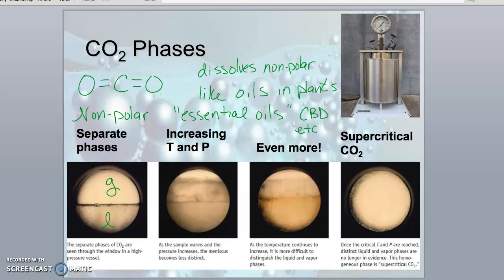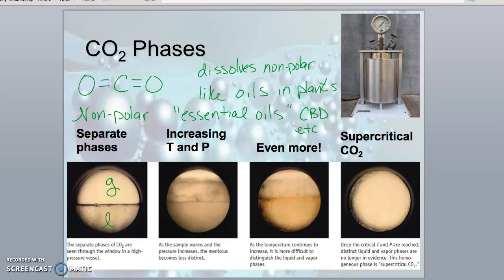And so we need some high pressure there, and then we can simply separate our supercritical CO2 from that solid plant material, and then we can evacuate the CO2 gas phase, just release the pressure, it goes back into the gas phase, and we're left with the oils that were extracted from that plant material. Really neat. That's really neat chemistry that's going on right now with things like essential oils and CBD. You've seen so much of this for sale everywhere.